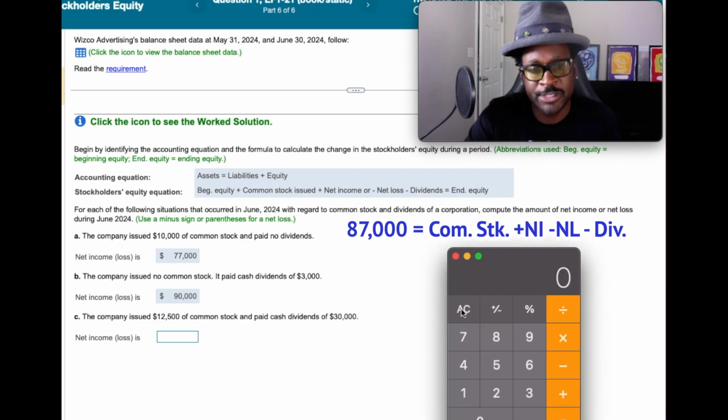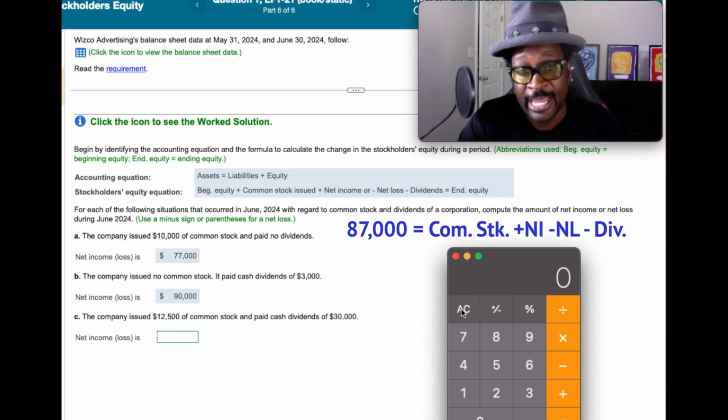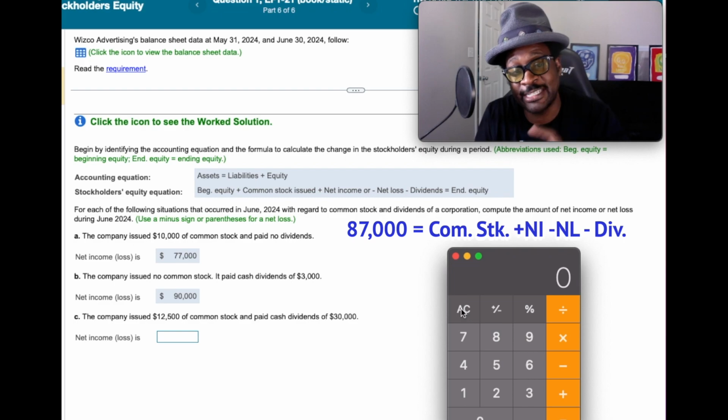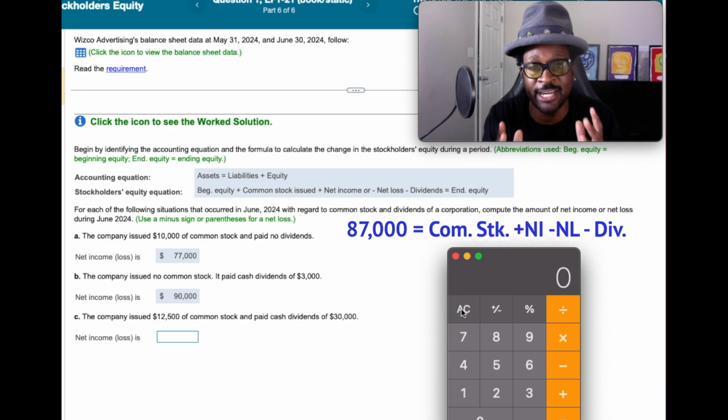So, if we transpose the common stock of $12,500 and the cash dividends of $30,000 to the left side of the equation, we should be able to calculate how much net income we have for the period.